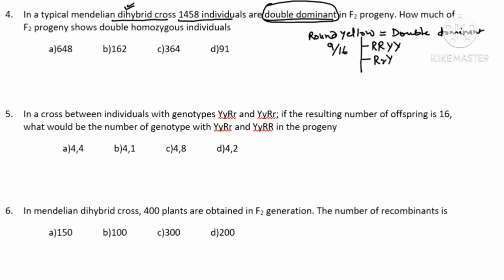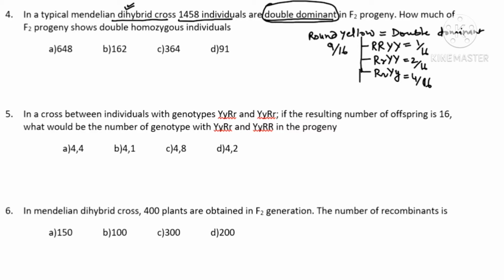This condition can also make round yellow. This condition can also make round yellow. Is it clear? If you see carefully, you will get 1 out of 16 of these types of individual, 2 out of 16 of these types, and 4 out of 16 of these types. Is it clear?